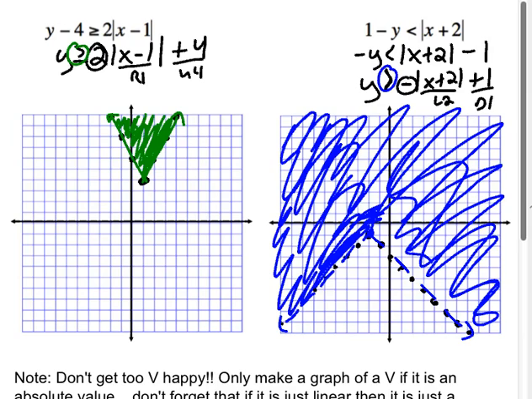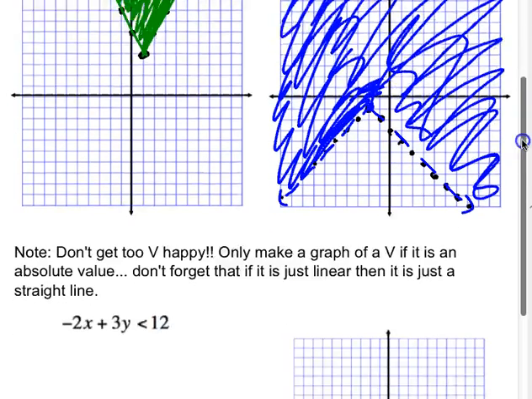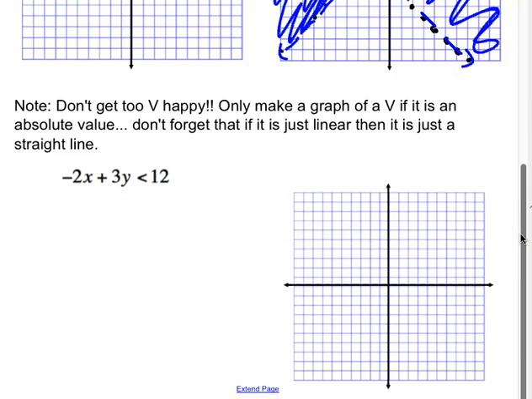Okay, so again, basically no harder than yesterday. Just really making sure we understand that you can't graph these as lines. You have to make sure when to use your V. Now, that leads into a great side note. Don't get too excited to start graphing V's everywhere, okay?